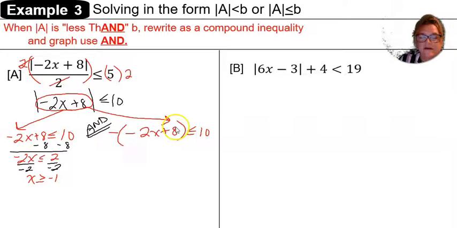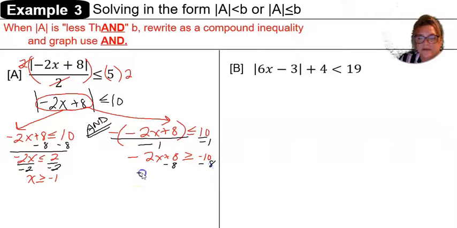Now, on our second case, we're going to divide both sides by negative 1, which is going to change the direction of this inequality. So we'll have negative 2x plus 8 is greater than or equal to negative 10. Now we can subtract 8 from both sides, and negative 2x is greater than or equal to negative 18.